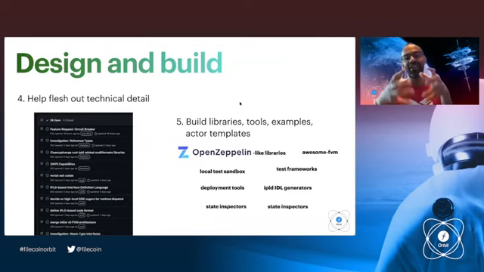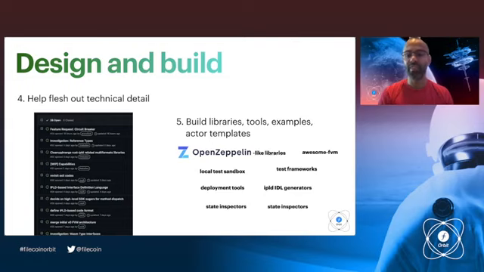If you actually want to get your hands dirty and you want to start designing and building stuff, admittedly, it is still a little bit early, but you can really help out in fleshing out technical detail by participating in the discussions in the FEM repo, where we're investigating all of these uncertainties and unknowns that we still need to figure out.